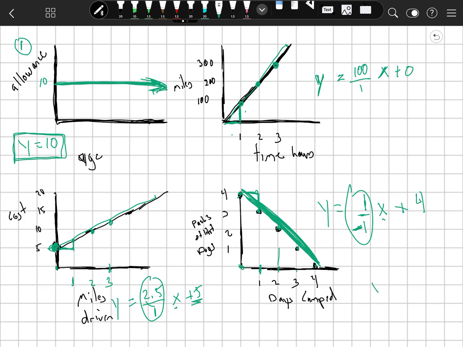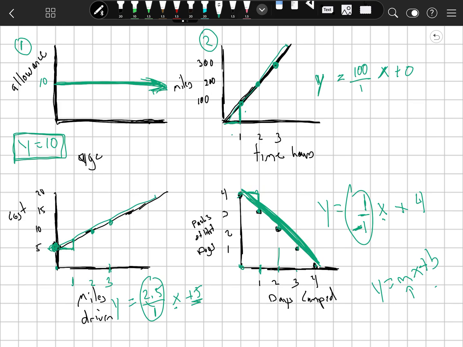They all take the form y equals mx plus b. In the first one, m was 0, so it's just like y equals b. In the second one, number 2, b was 0. In the third one, you had a slope, and you had a y-intercept of 5, and in the fourth one, you had a negative slope and a y-intercept of 4.